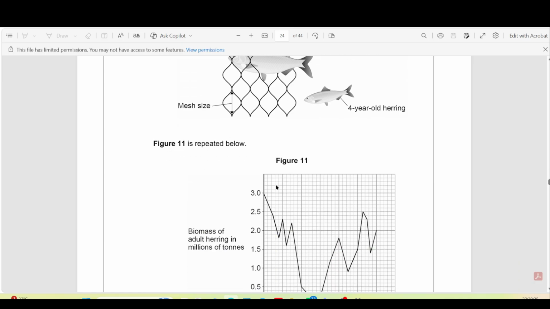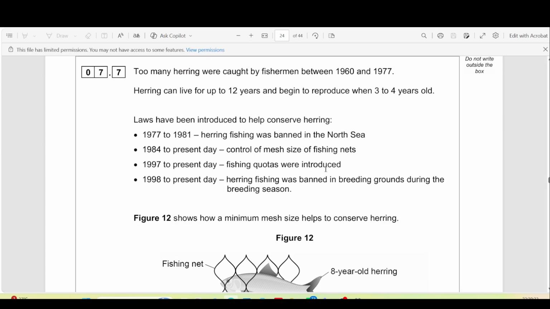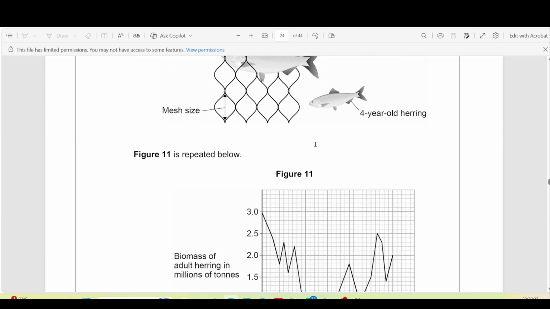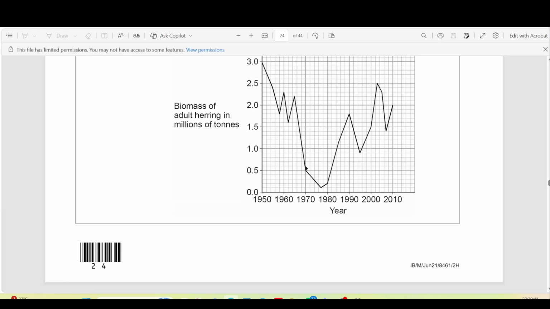Next is biomass recovery. Here it is talking about biomass also. After the biomass plummeted to nearly zero around 1977, you can see the graph is going very down, right? It came very close to zero between 1977 and 1980, when the North Sea fishing ban was first introduced.